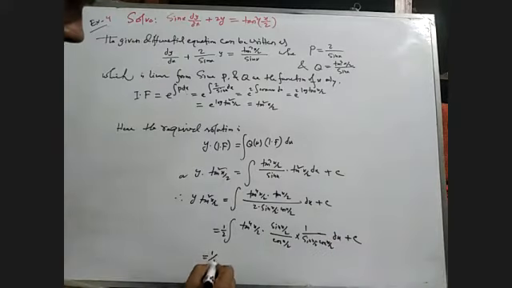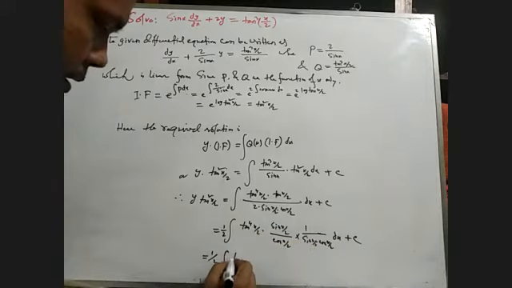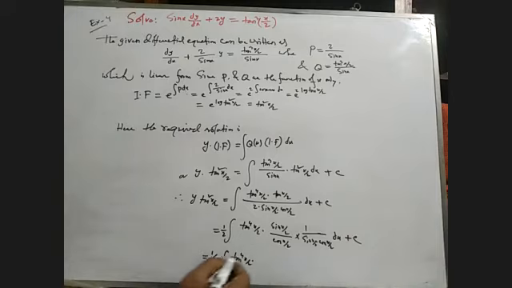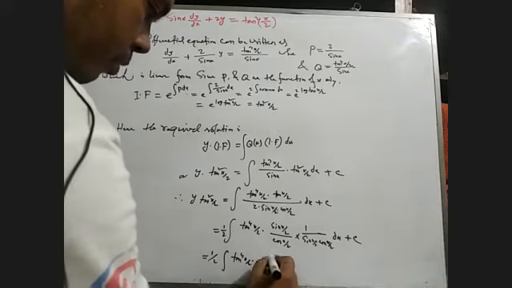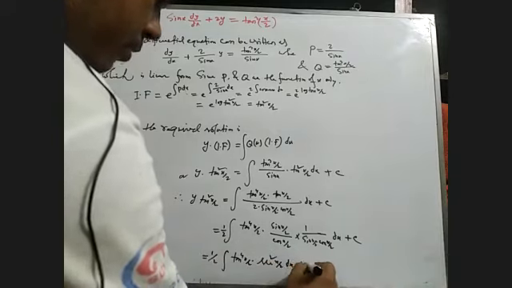This equals, sin will be cancelled, and what does cos mean? Sec square x by 2, dx plus c.